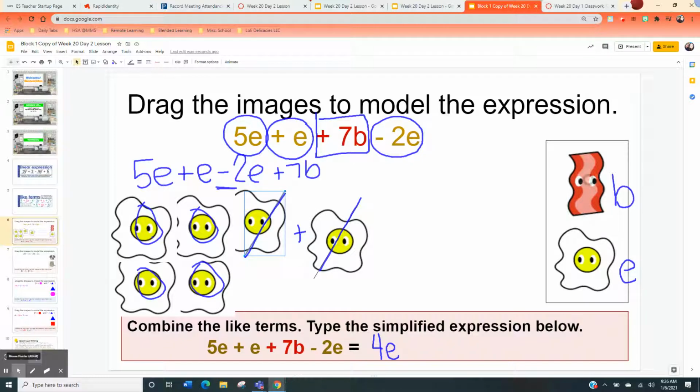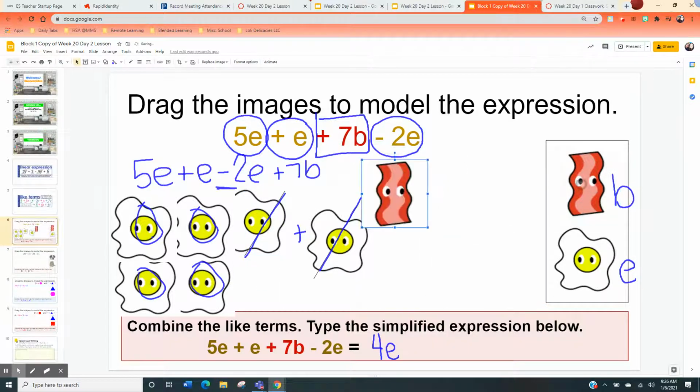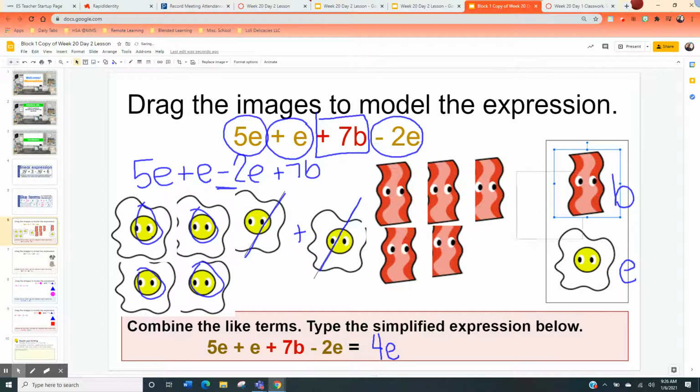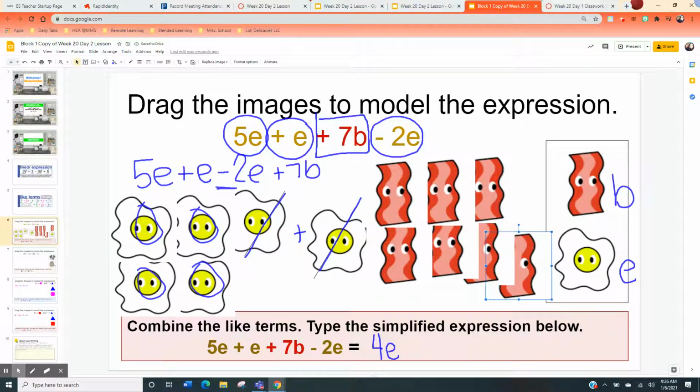Now I have to do b. So now I'm doing plus 7. 1, 2, 3, 4, 5, 6, 7. Plus 7. And that's it. I'm not doing anything with that plus 7b.